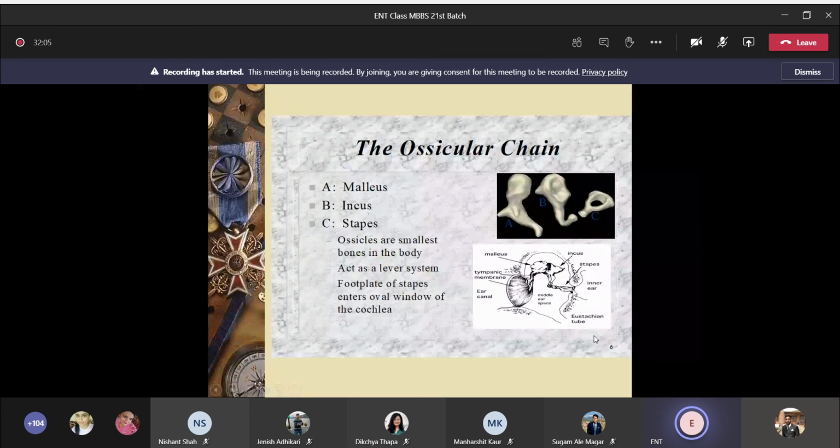This vibration causes vibration of the fluid in the inner ear, which later depolarizes the nerve, and the sound is conducted as an electrical impulse to the brain. So these are the three bones: malleus, incus, and stapes.